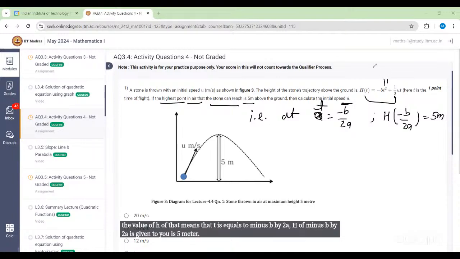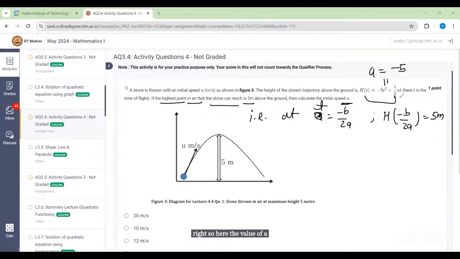So here the value of a is nothing but minus 5. So you can use this. So the value of a is there, and the value of b is what? b is nothing but u by 2. So that means h of minus of u by 2 multiplied by 2a, which is 2 times minus 5, is given to be 5.